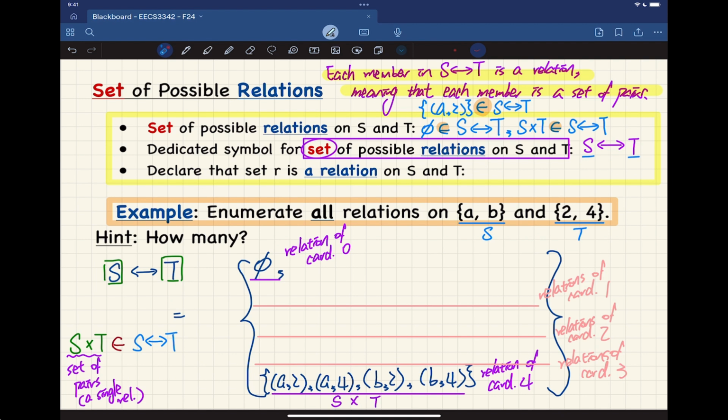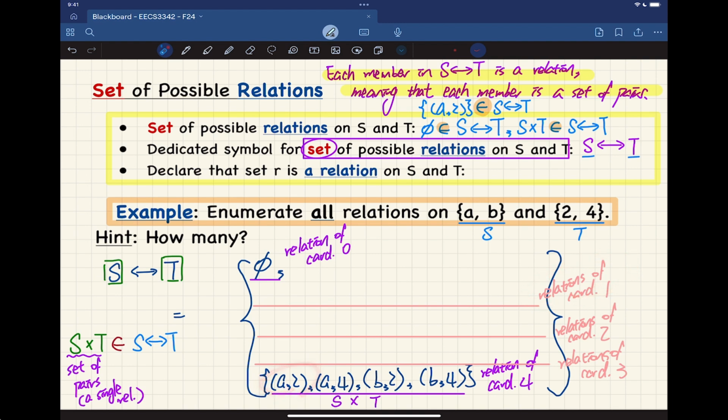4. How did you know it's 4? Yeah, in some way, you're basically talking about how to construct the Cartesian product. Well, another way to put it, I agree, it should be 4. We know that this is the maximum possible relation that we can construct from S and T. If we want to construct all the relations of cardinality 1, we can just choose one pair and make a relation out of it.